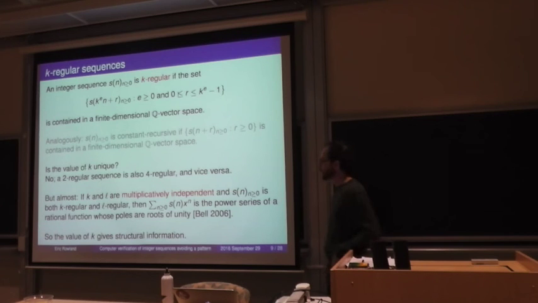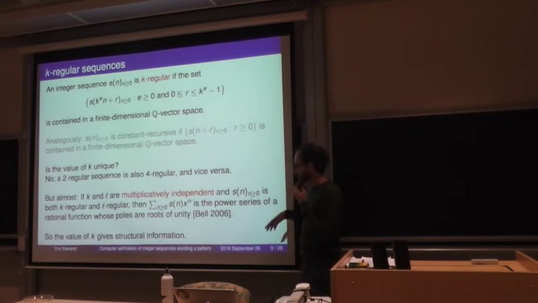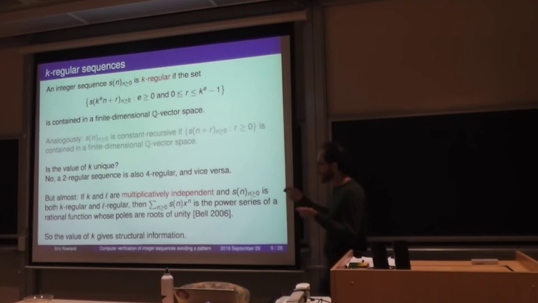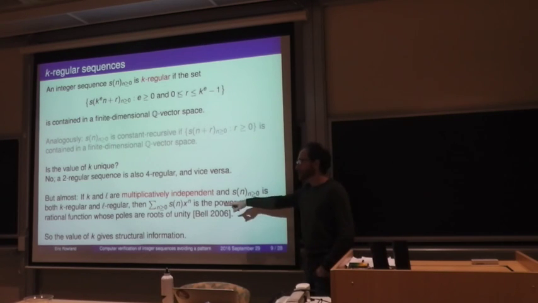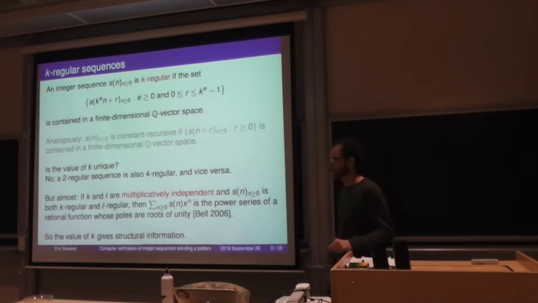So this is a pretty restricted class of sequences. So basically, if you can show that the sequences you're looking at are not power series of rational functions whose poles are roots of unity, then you know there's basically a unique k, up to taking powers. So it's not a quasi-polynomial? Quasi-polynomials are k-regular for every k. Yeah. This was proved by Jason Bell in 2006, and it really says that this value of k is important. It gives you important structural information because it's basically unique.